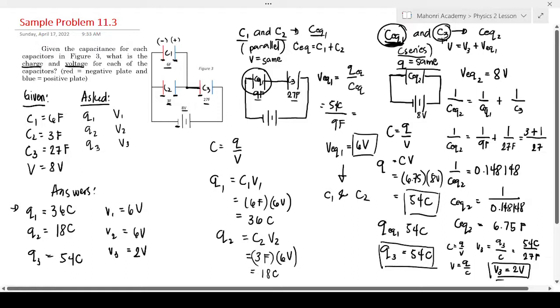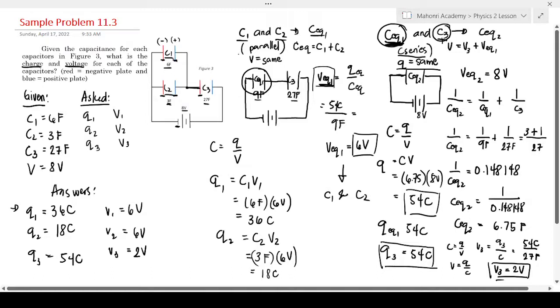Now what's left is taking the volts of CEQ1, which has the same charge as C3. What you want to do then is use that Q to measure for the voltage. And why do you need to measure for the voltage? Because this CEQ1 represents both your C1 and your C2.